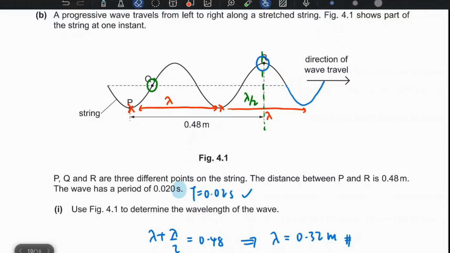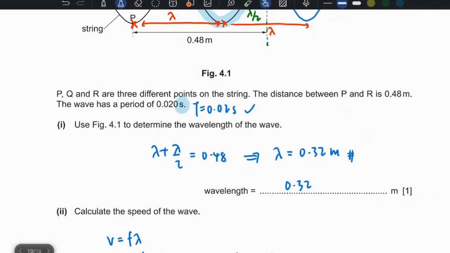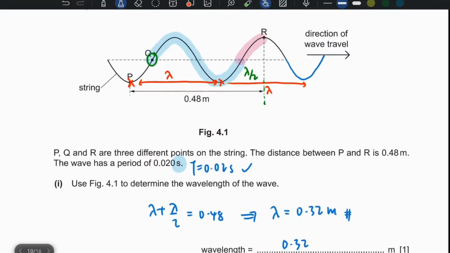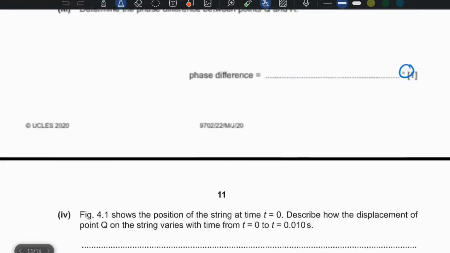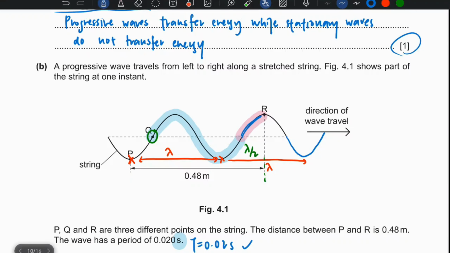So the distance from Q to R is basically, this one is one wavelength, right? Then plus this, it's a quarter of a wavelength. So we know 0.32 is one wavelength. So what we can do is 0.32 plus 0.32 over 4. Why over 4? Because this is a quarter, right?